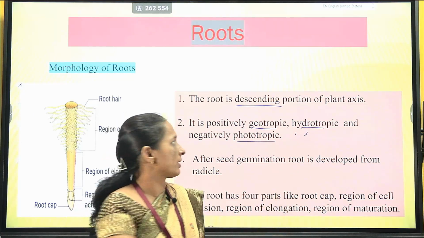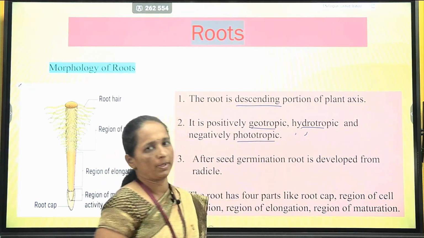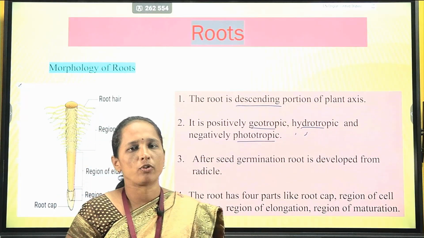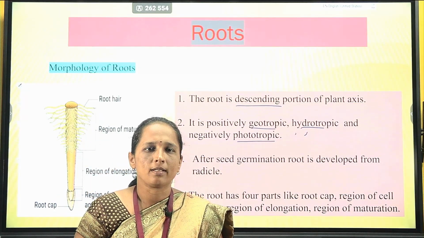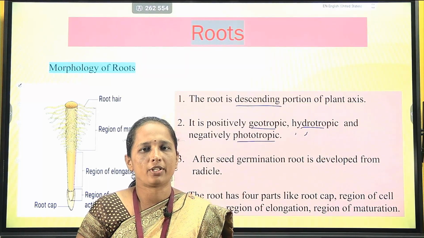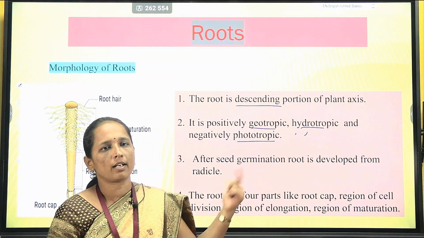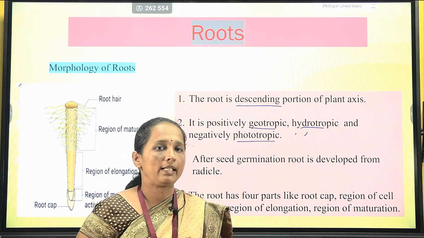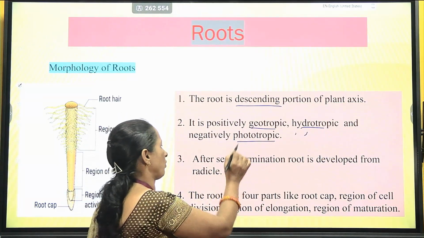Phototropic means plant organs or parts which grow toward light, but roots are the underground part of the plant body, so they are negatively phototropic.